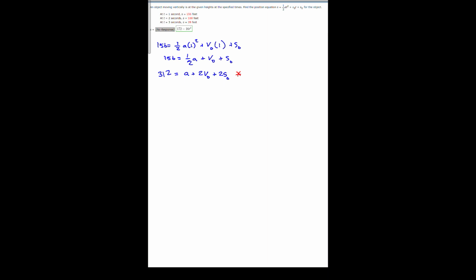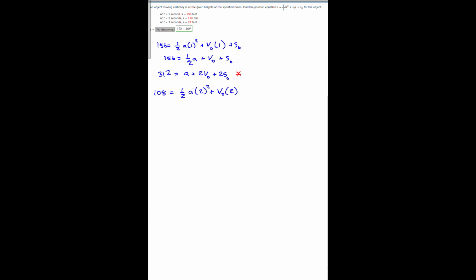Now we're going to do the same process with the second set of information: t is equal to 2 seconds, where s is 108 feet. So 108 equals 1/2 times a times 2 squared plus v naught times 2 plus s naught.